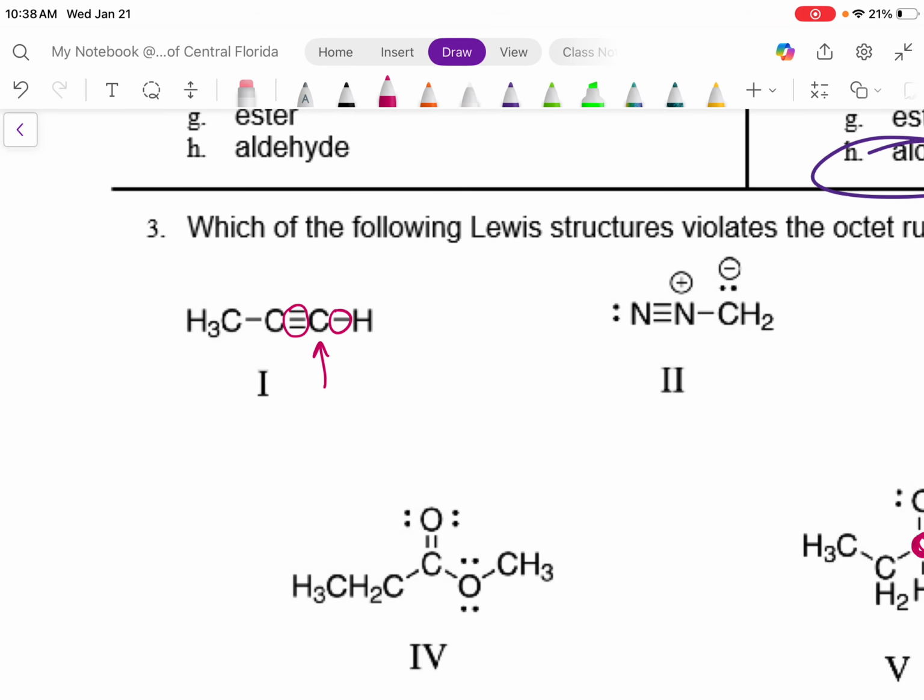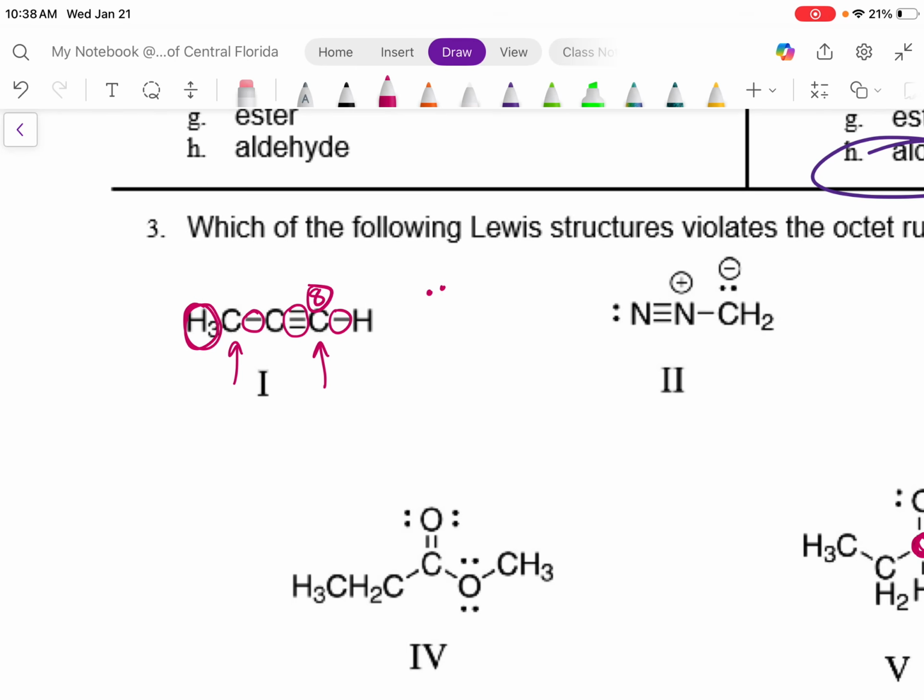Each one of those lines represents what? 2 electrons. So if there's 4 lines, 4 times 2, that means that there are 8 electrons around that carbon. Does not violate the octet. If we take a look at that carbon, we see 1 bond shown, and then those 3 H's in a condensed formula there.